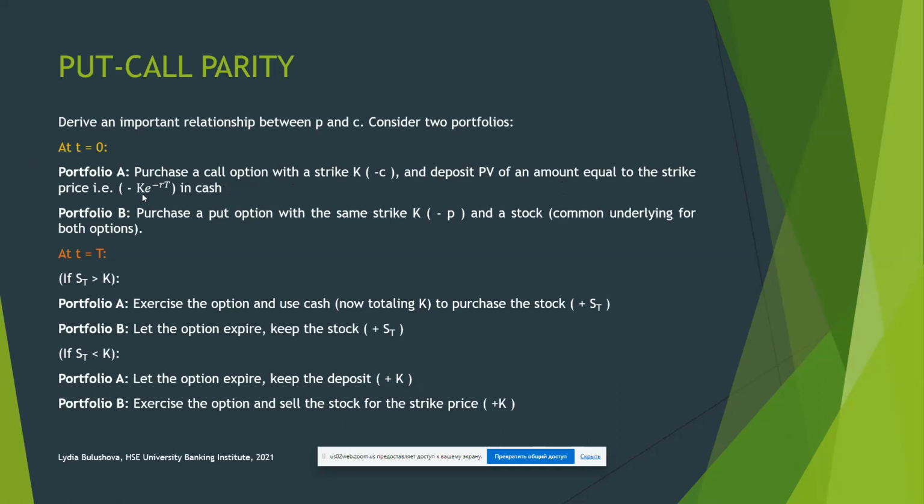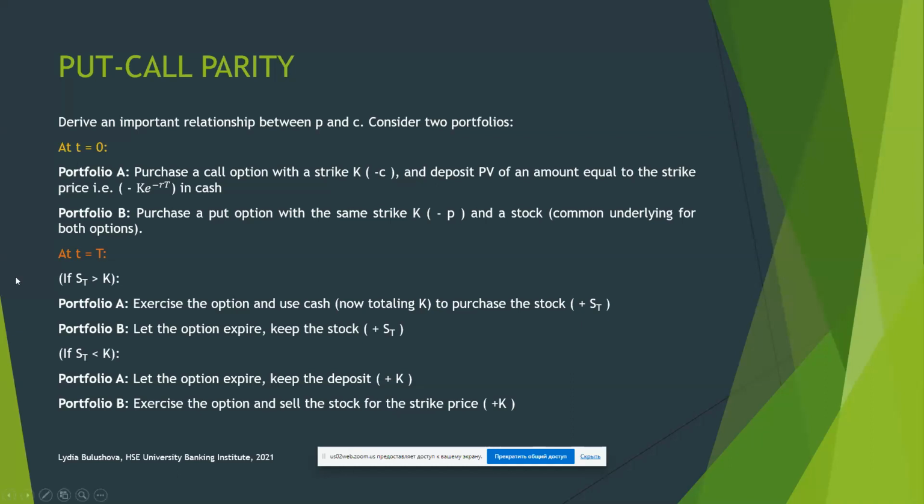To purchase an asset, I need some money at time T. So I deposit a present value today of an amount of money that will be needed at time T, at expiry.